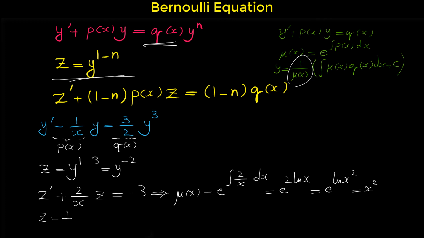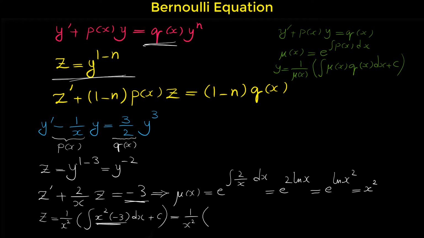So 1 over x squared times the integral of, again, x squared times q of x, which is -3, so -3 dx plus c. If we write 1 over x squared again, the integral of -3x squared is -x cubed plus c.